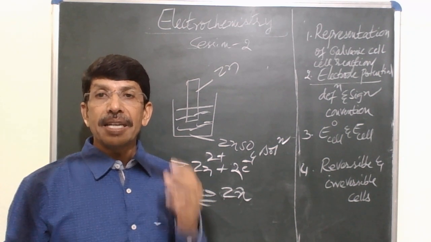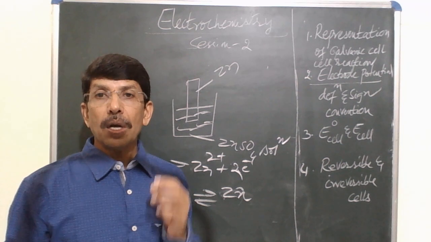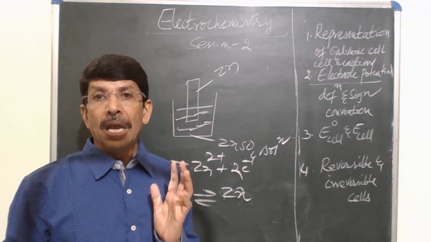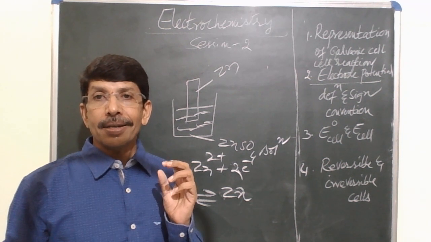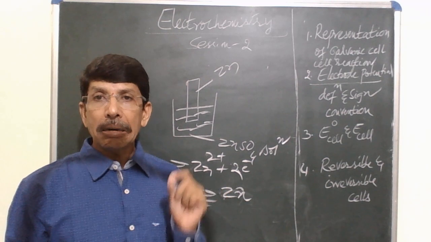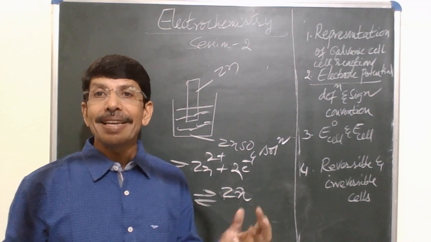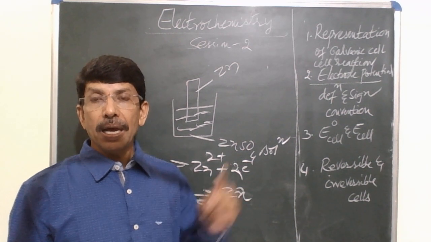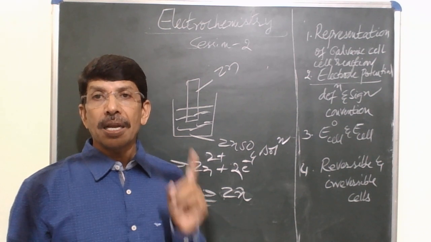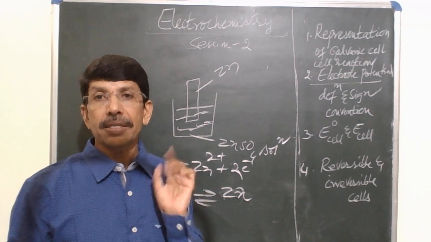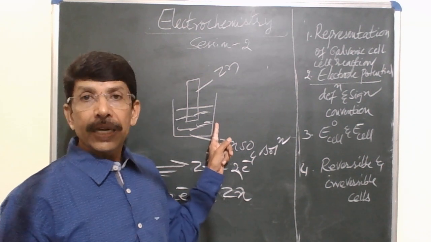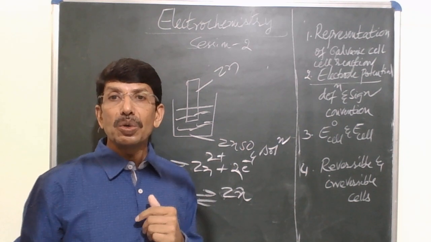Electrode potential is the tendency of the electrode to lose or gain electrons. Whether the electrode loses or gains electrons depends upon the nature of the other electrode with which it is connected. So a single electrode has no use.